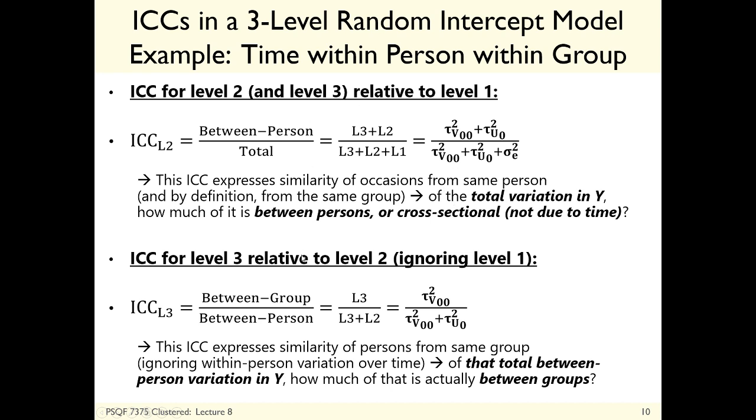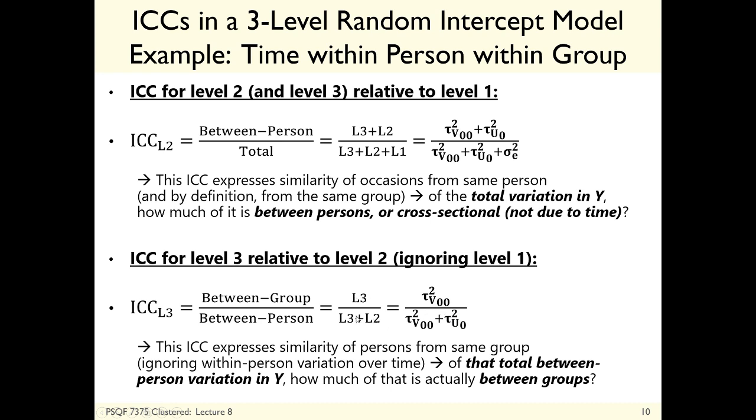Now the new one. This is different. ICC for level 3 relative to level 2 only, ignoring level 1. Level 1 is gone. What I'm trying to do is zero in on this numerator right here, what I called between person, and decompose that.